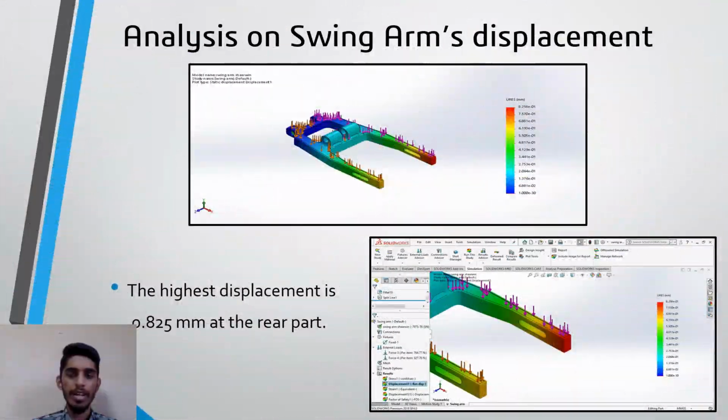Alright, this is the analysis on the swing arm's displacement. As in the previous analysis, in the first picture we can see the displacement distribution along the swing arm, and the cooler region shows lesser displacement, and the warmer region, the red color, shows high displacement.